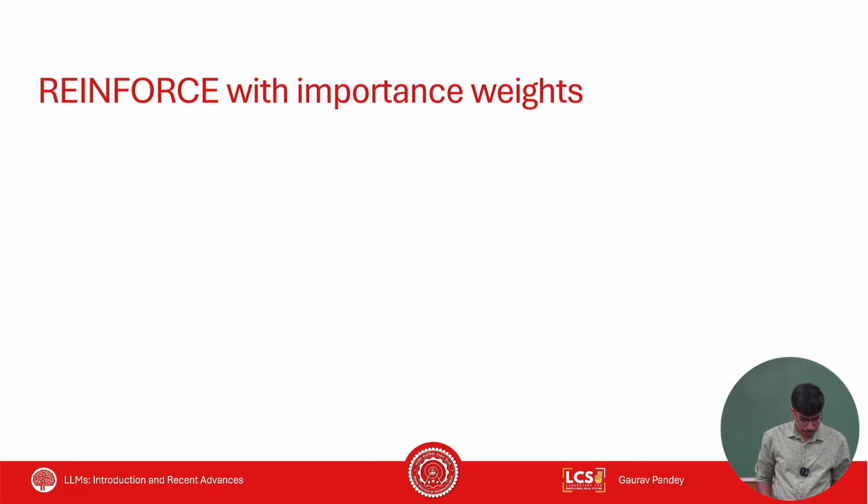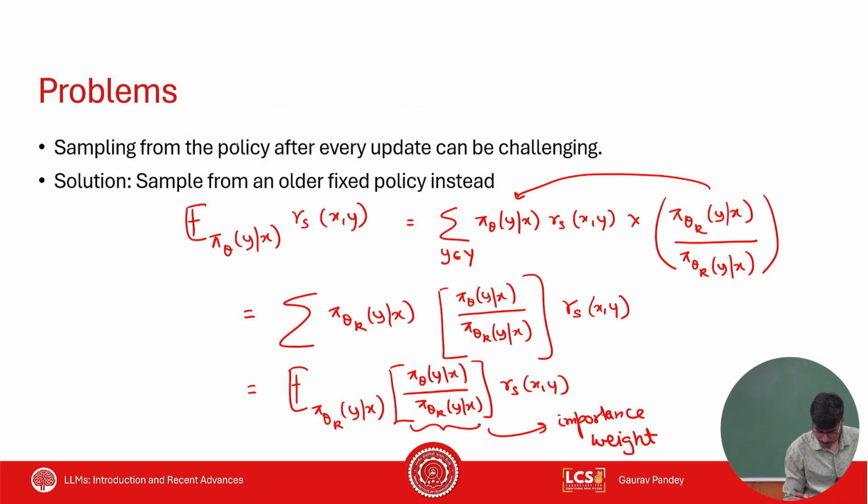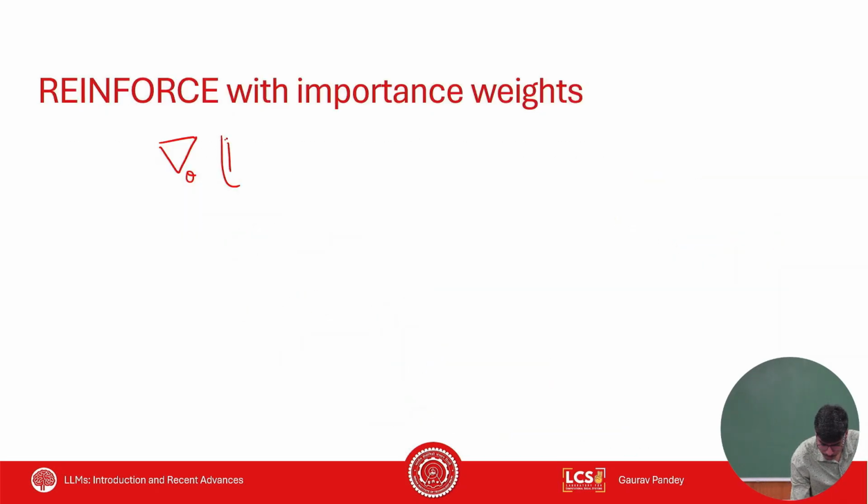As practice at home, you can try computing the gradient of the objective that we got here. What is it? The expectation under y coming from pi theta k of y given x.